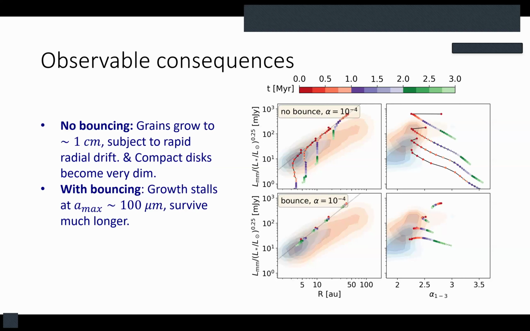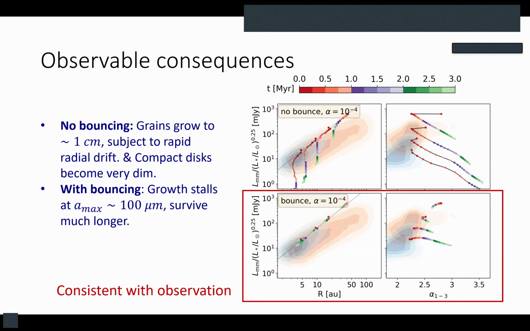All of these models without bouncing just decrease in size and then decrease in luminosity very fast, again because of the radial drift. But with the bouncing, we see that they just stay on the line, which is of the big ones.